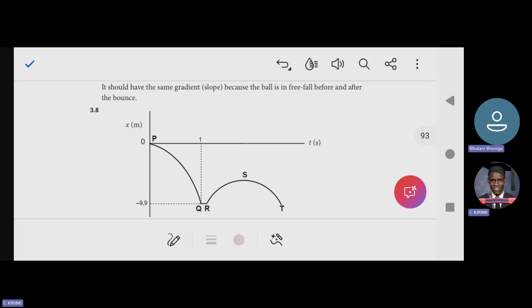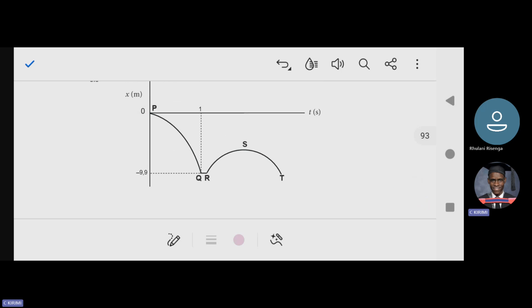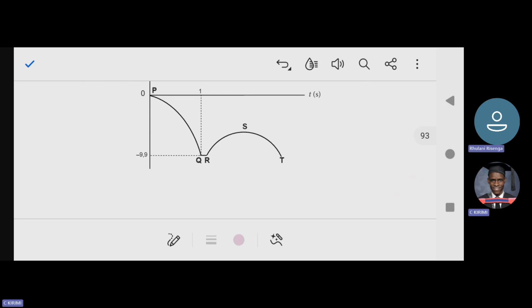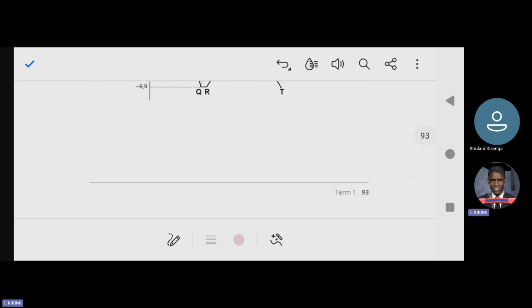If you start at a reference point of 0, how come the ball is going to go below where you are? So upwards is negative. Yes, makes sense.